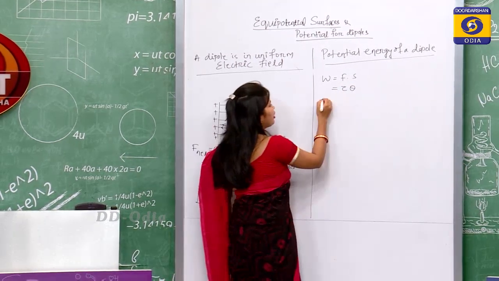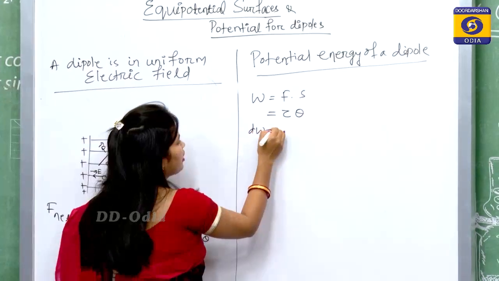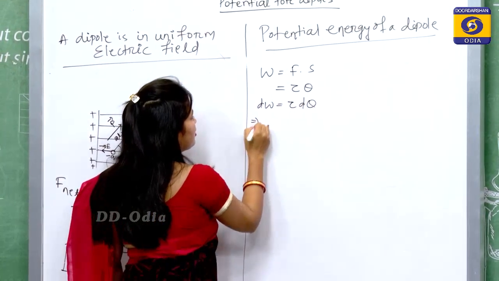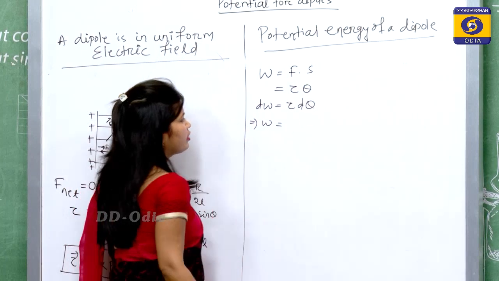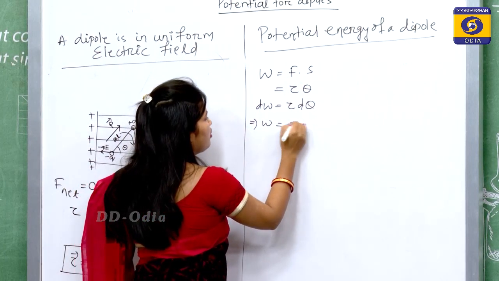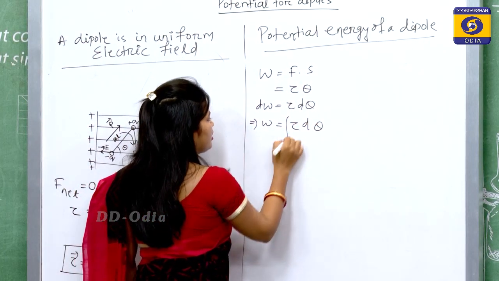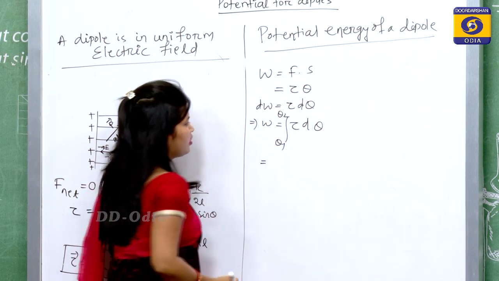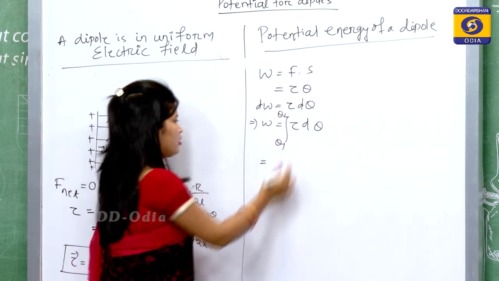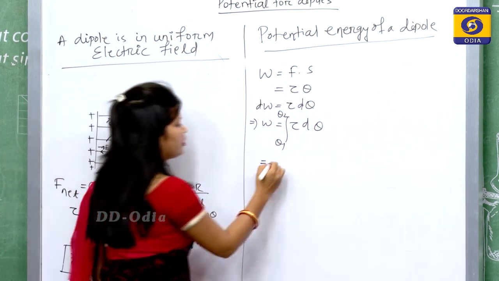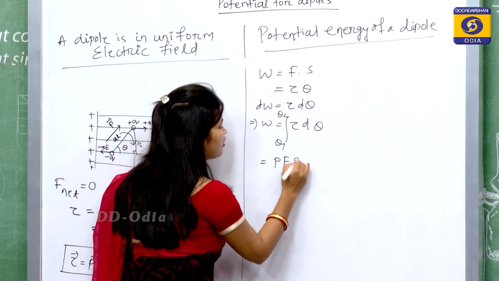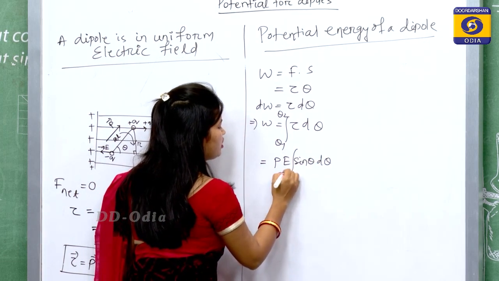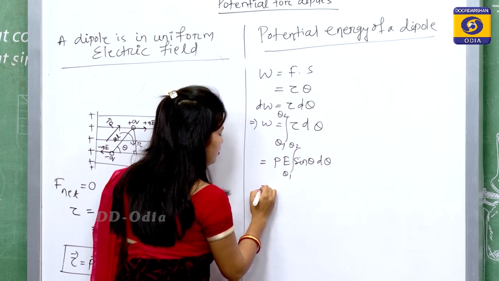So for a small angular displacement, the small work done dW is equal to tau into d theta. Integrating, I can find the total work done, that is integral of tau d theta from theta 1 to theta 2. Putting the value of tau, that is pE sin theta d theta, integration from theta 1 to theta 2.